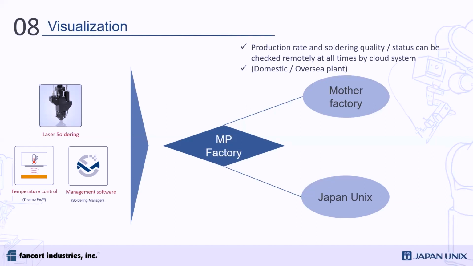So if you have mass production outside of North America, you may want to see the output and temperature, all kinds of conditions and parameters. You are able to get that data in real time through our internet and then your laptop and your software.